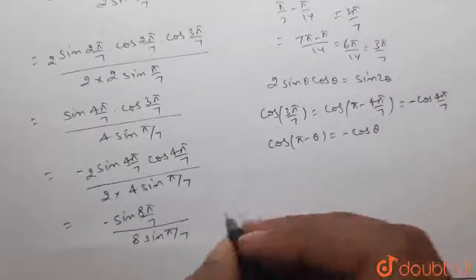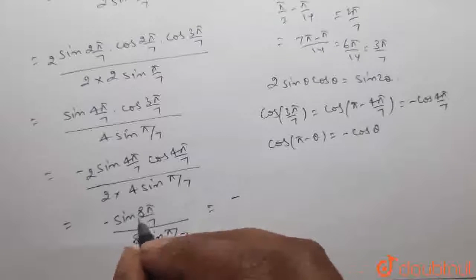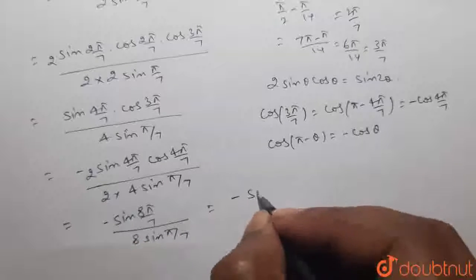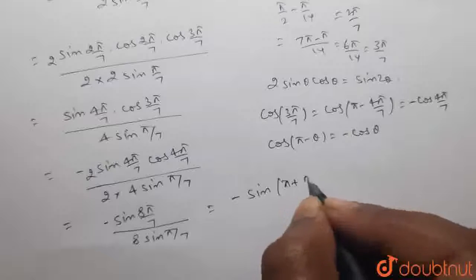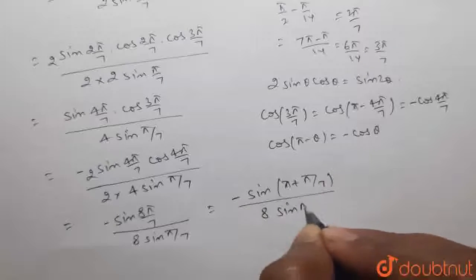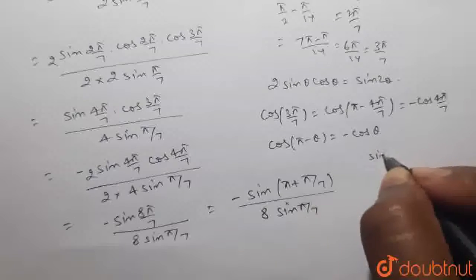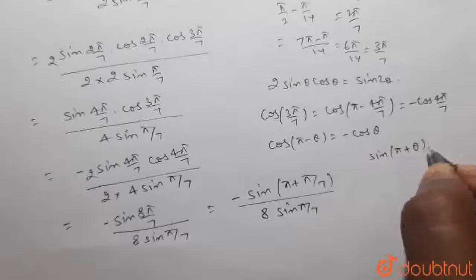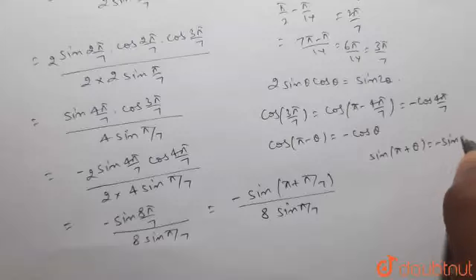Okay. Now we can write sin 8 pi by 7 as sin of pi plus pi by 7 whole divided by 8 times sin pi by 7. Now sin pi plus theta is equal to minus of sin theta.